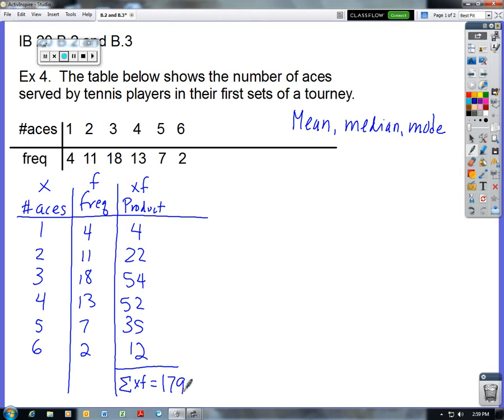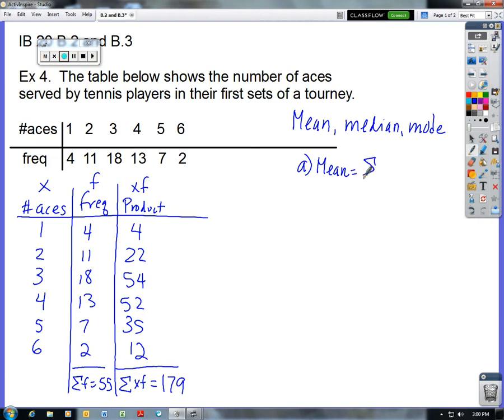When you're finding the mean, you have to do the total divided by how many there were. Well, the frequency tells you how many there were, so you have to actually add the frequency column as well. So the summation of the F's comes to 55. So now the mean is pretty easy to find.